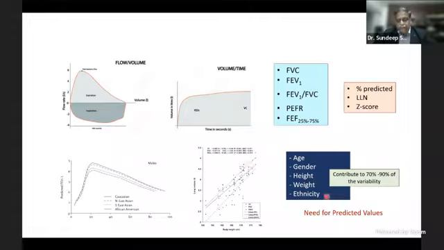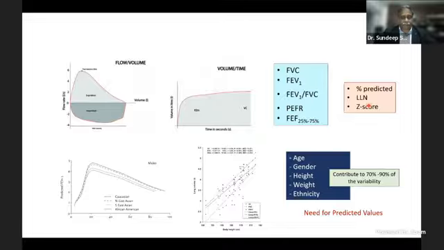In fact, these 5 parameters contribute to 70 to 90% of the variability, and therefore it is imperative whenever you're interpreting spirometry to have this data properly fed, which will give you a predicted or reference value. Then using the reference value, you use the percentage predicted or the Z scores to make an interpretation.